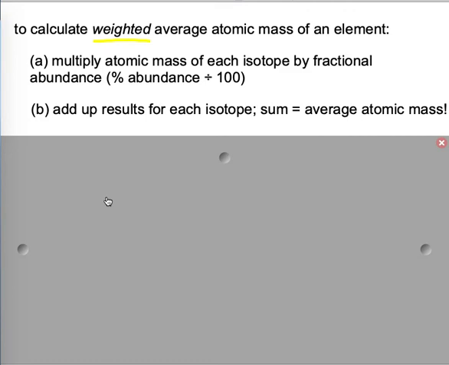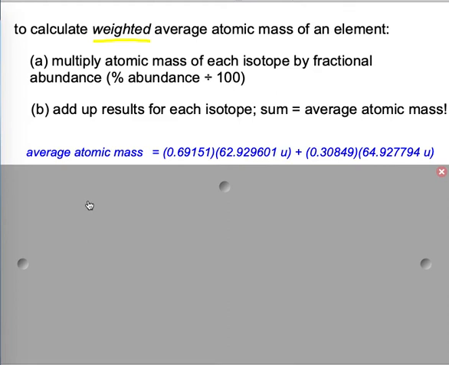Let's do this for copper. I take the relative atomic mass of copper-63, multiply by its fractional abundance, and I get a value.